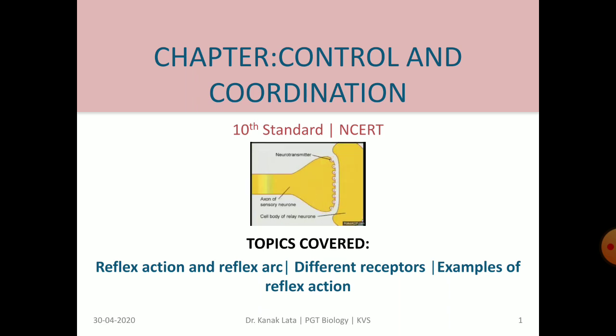Today, in this online session, we will study a few topics like reflex action, reflex arc, different receptors and examples of reflex action. All these topics are very important for the examination. So, get it, learn.